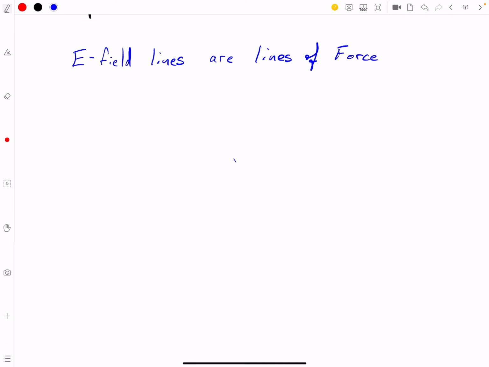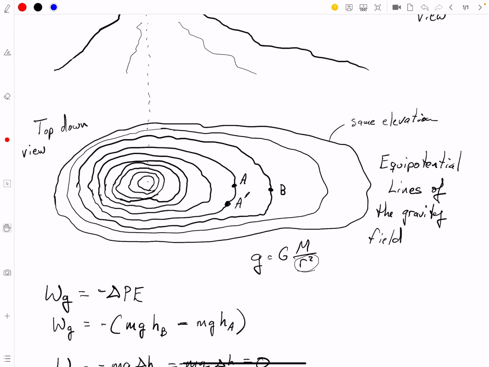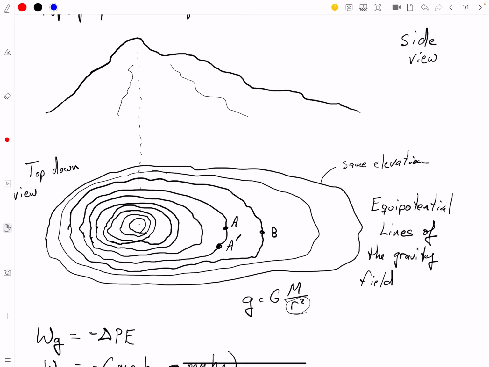That's where the forces are going to point. You can think of it this way: if you were to drop a ball off the top of this hill, what's the path the ball is going to take? It's going to go down the steepest parts. At first it goes down to the right, and then it kind of veers.